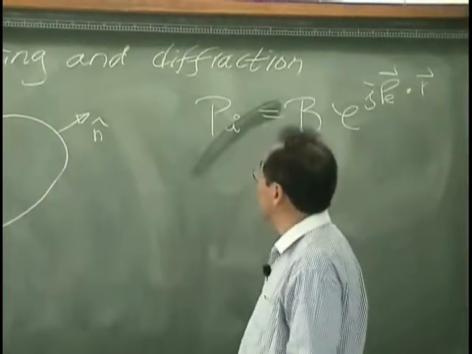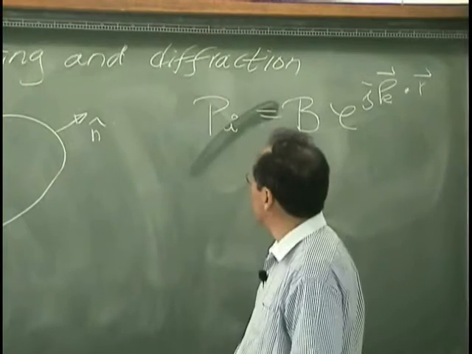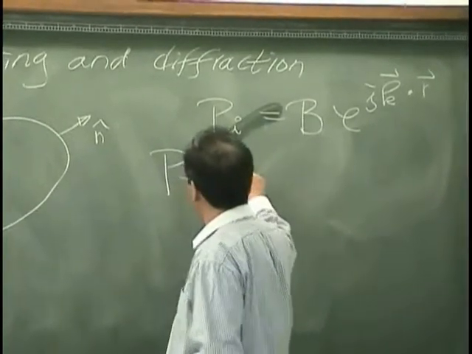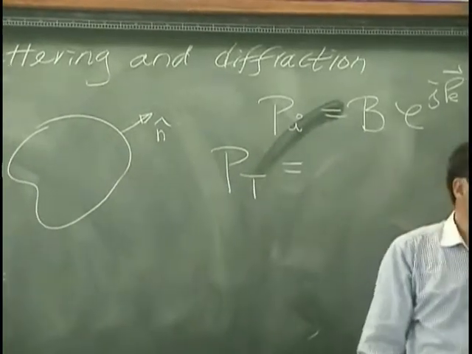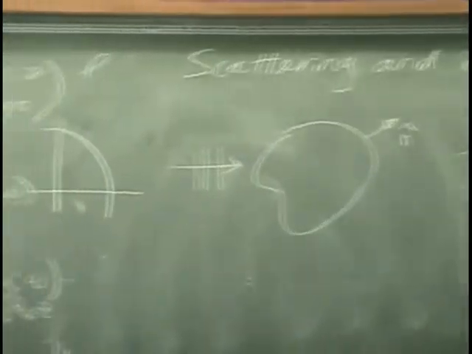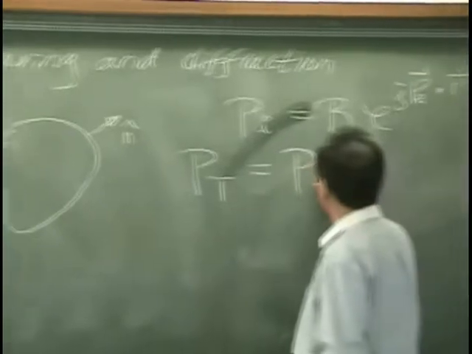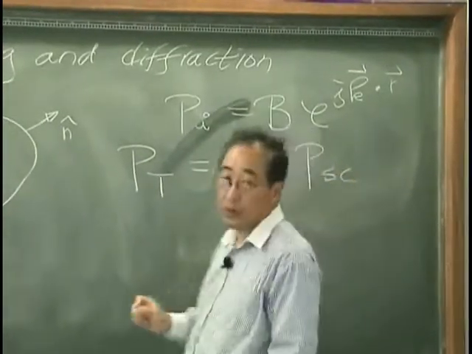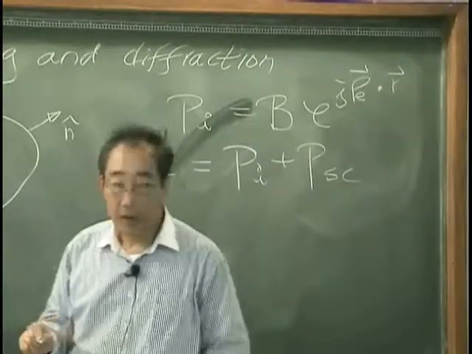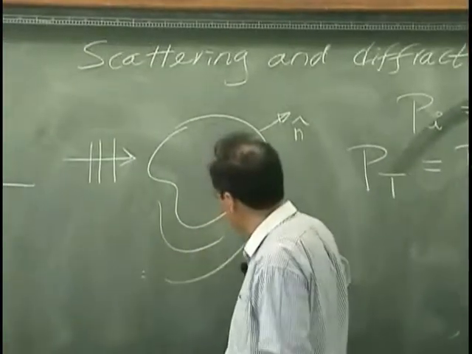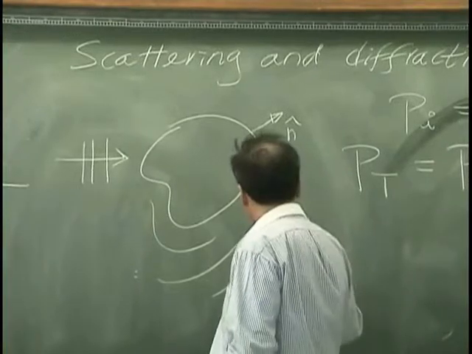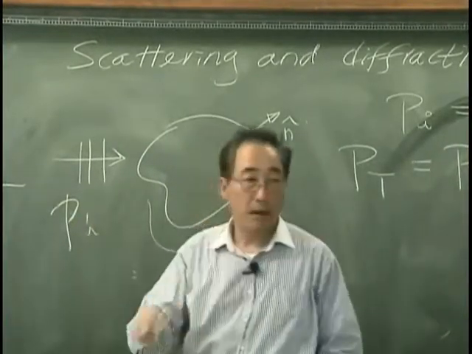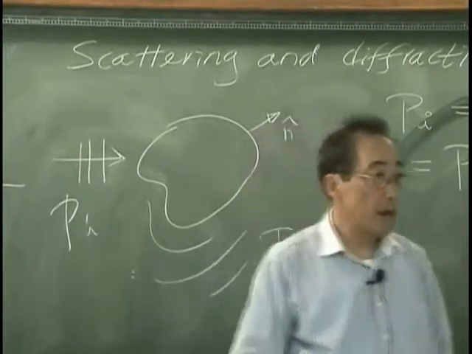Then the total sound field would be composed of two components: one is the incident wave, and the other one is the scattered field. There will be some scattered field and a PI.